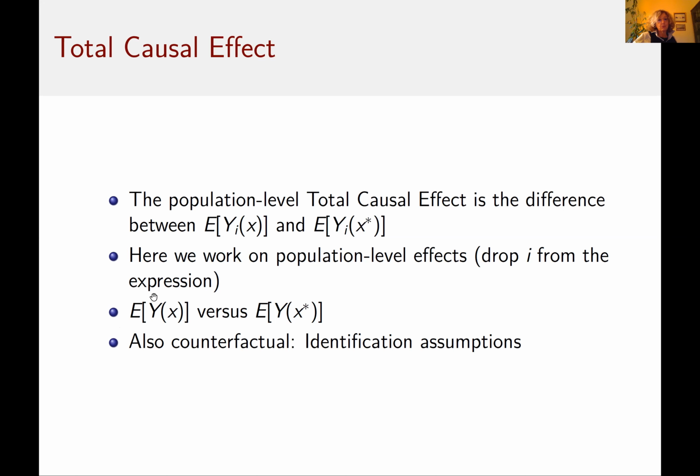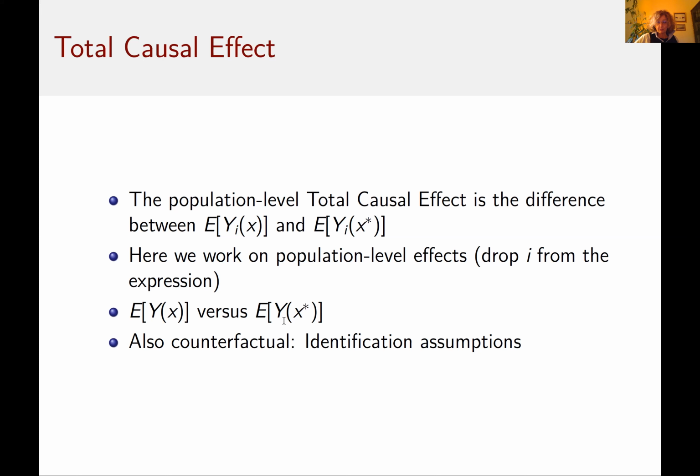So we are interested in comparing the expected value of Y when X is fixed to small x versus the same when X is fixed to x star, where this is also counterfactual, although to a lesser extent, because here we are assuming that all units in my population are exposed to the same value x, whereas here all units in the population are exposed to the value x star, and we compare the average of these two population parameters.